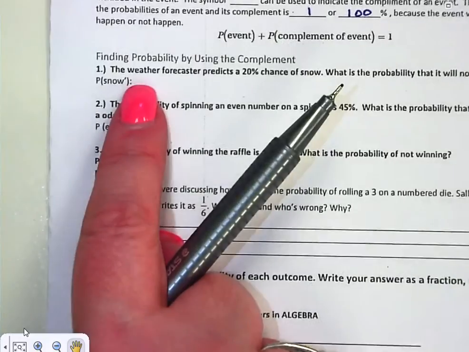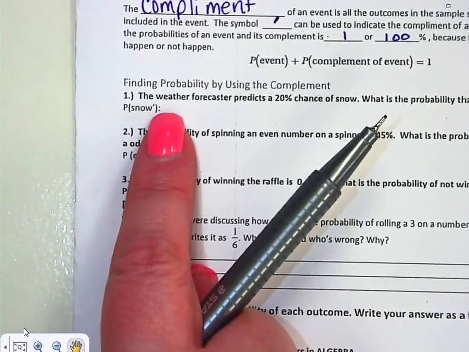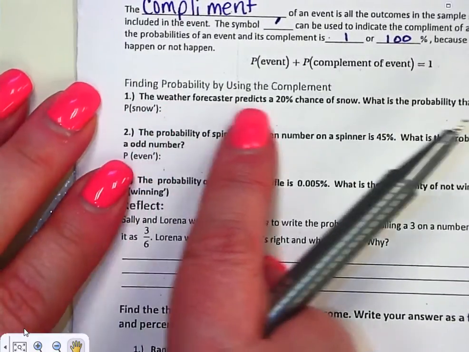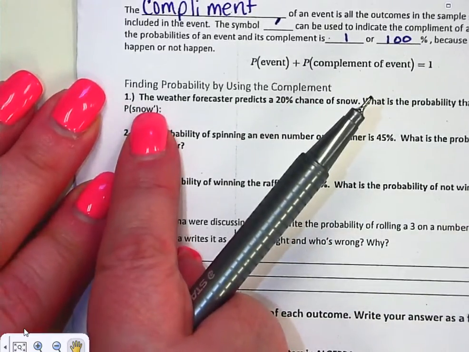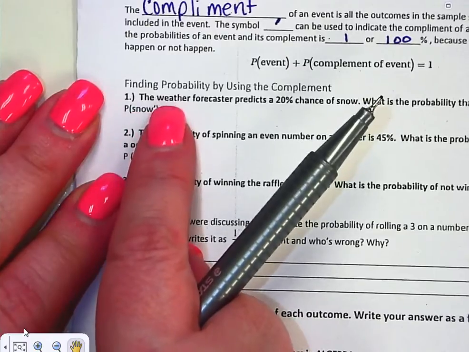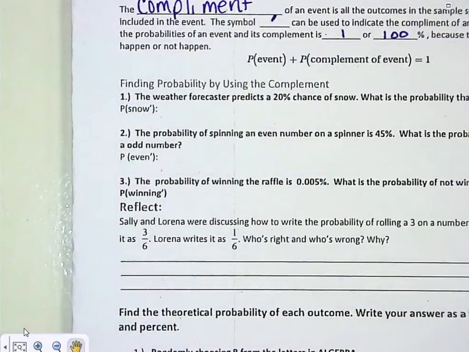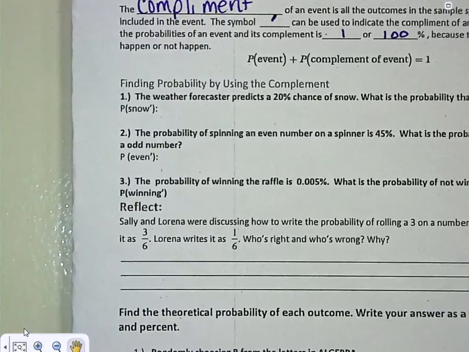The complement. So it's not asking what's the probability of snow, it's what's the probability of the complement of snow.